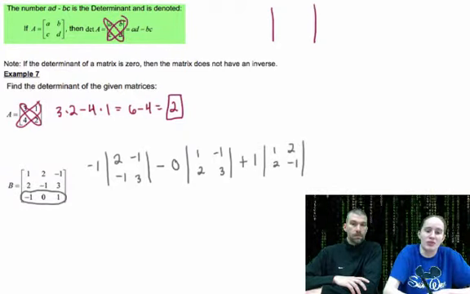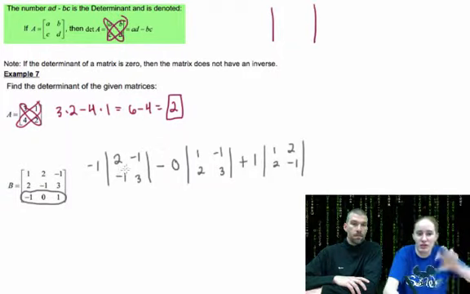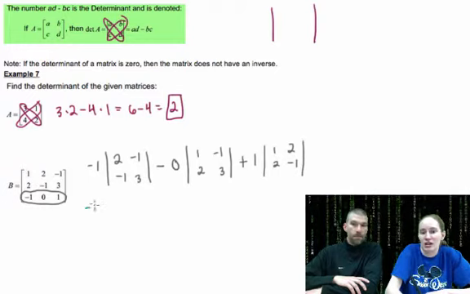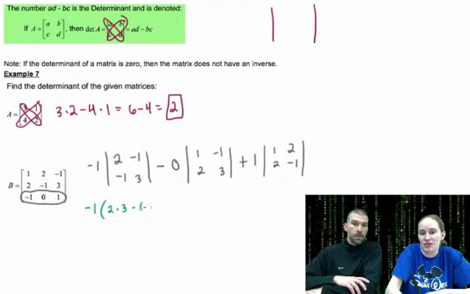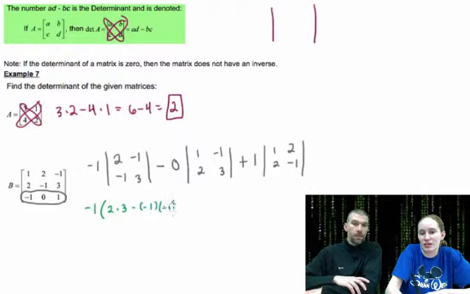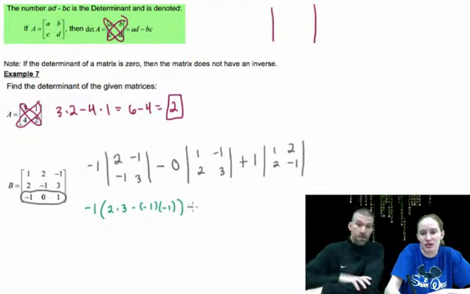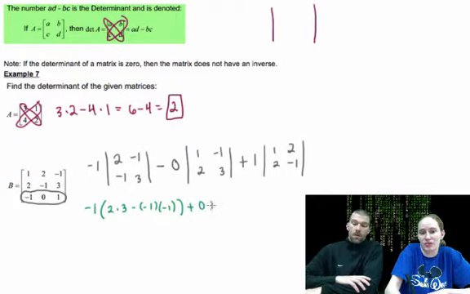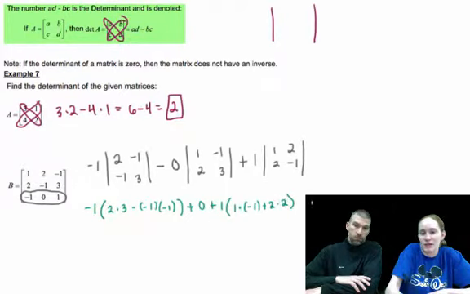And now we take the determinants of these matrices that we came up with, which we know is the diagonal subtracted. So -1, this will be 2 times 3 minus -1 times -1. The middle guy is all going to be 0, because it doesn't matter what this is, anything times 0 is 0. So there will be a +0 in the middle. And then here we have 1 times -1 plus 2 times 2.